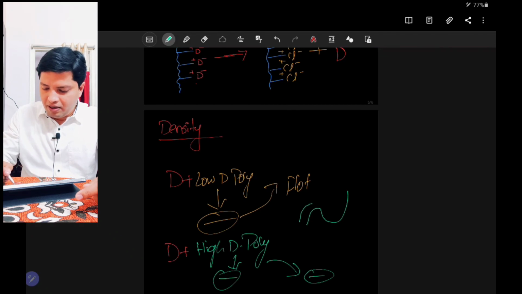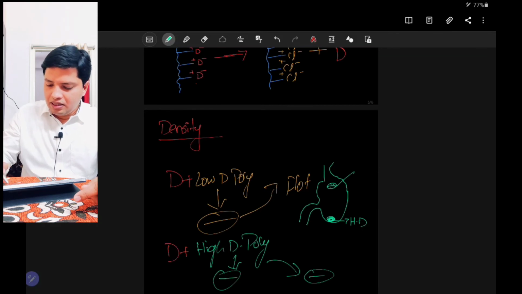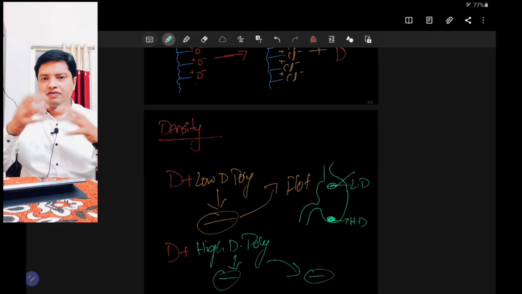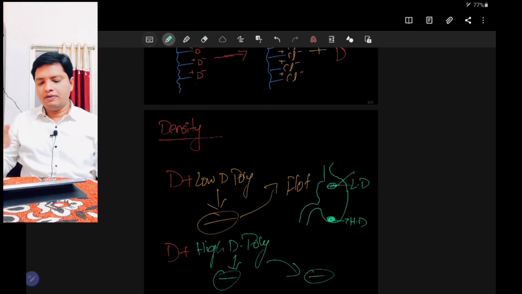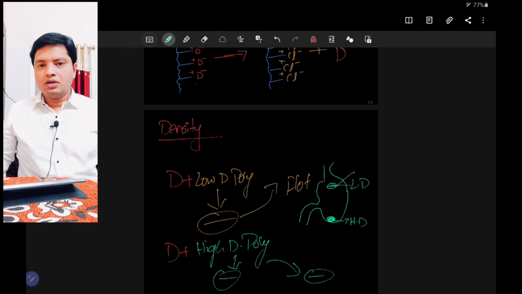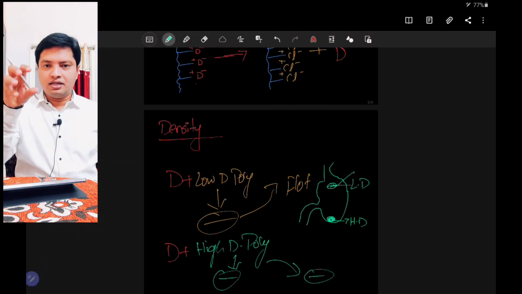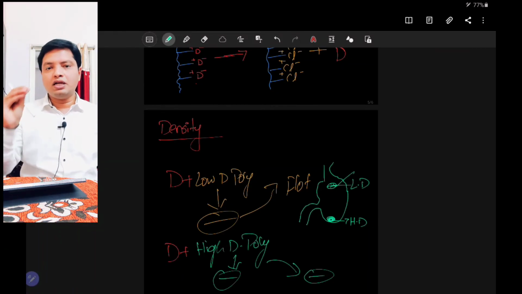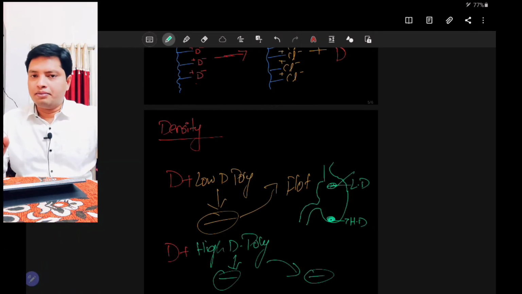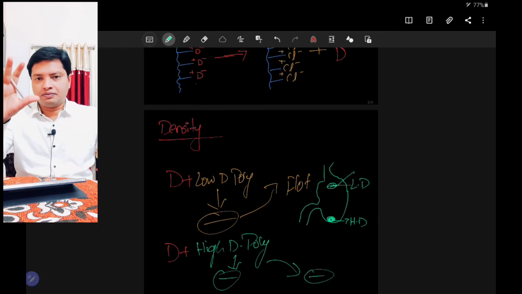So here we will have the pyloric sphincter. The floating delivery system, the low density system, will be here, and the high density system will be here. Due to the difference in density, that will float and this will sink down. Because they are staying there in the stomach, the release of the drug is controlled there by adding polymers.